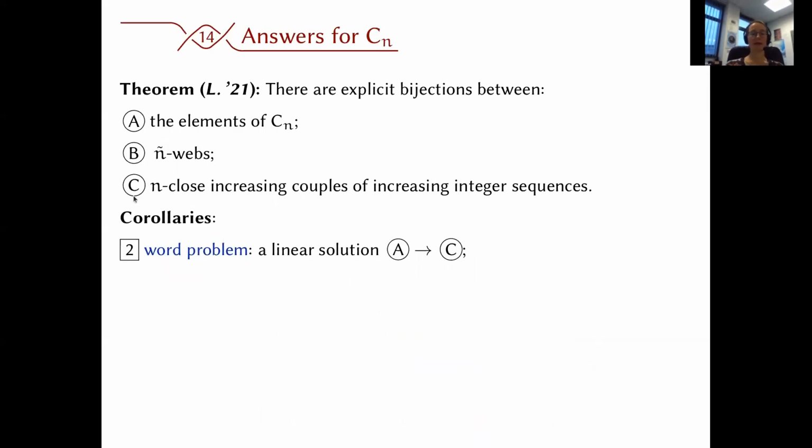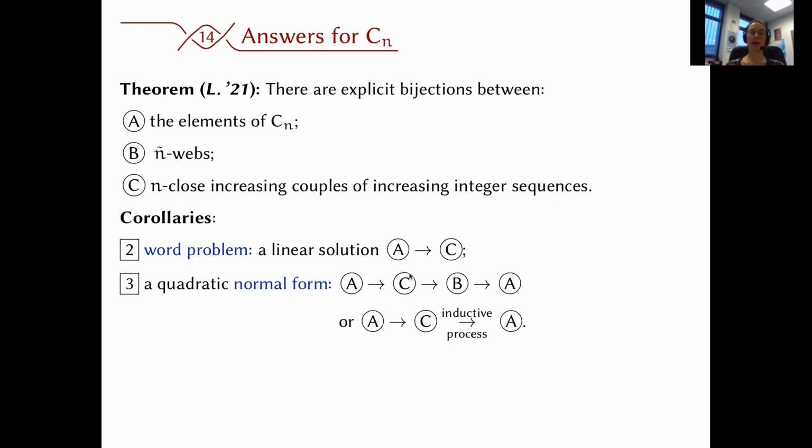But this is everything we actually needed, because we have seen that the size of this monoid is infinite. We have the word problem. This algorithm of constructing the couples of sequences gives you a very easy linear solution once again.